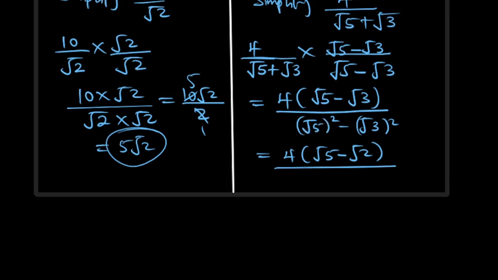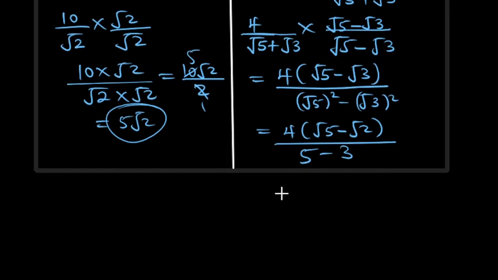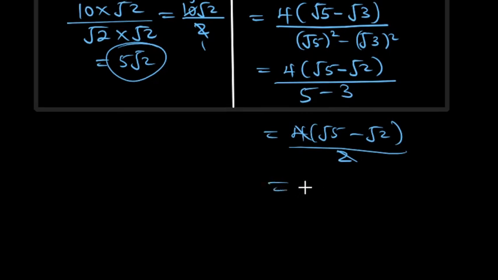This one will become 5 minus root of 3 all squared, which is 3. So we'll solve this further. It gives us 4 root 5 minus root 3 all over 2. This 2 can cancel the 4, and our final answer becomes 2 open bracket root 5 minus root 3.